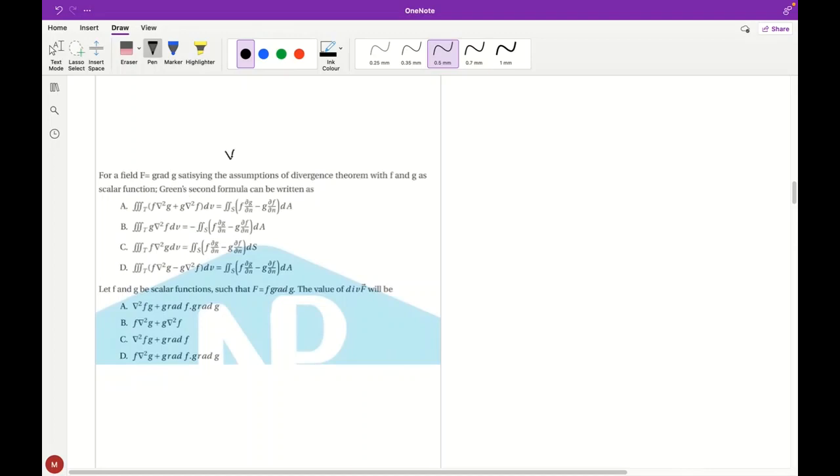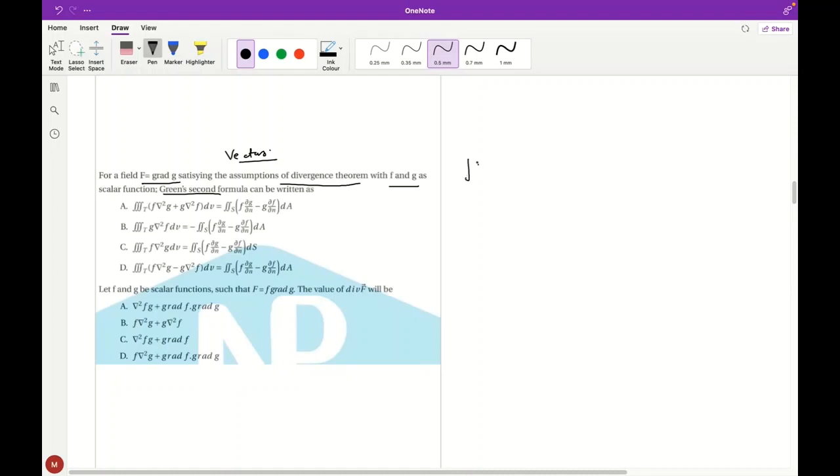This question is from vectors. Let's read this question. For a field F equal to grad g, satisfying the assumption of the divergence theorem for F and g as scalars, Green's second formula can be written as... So first of all, what is Green's second formula?